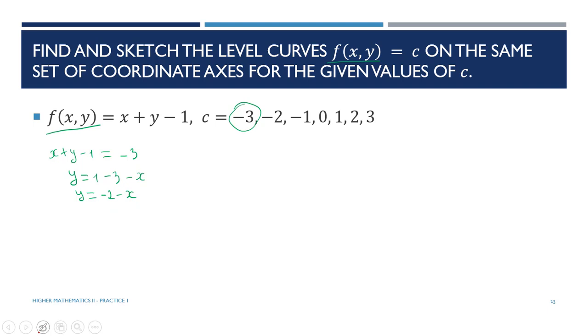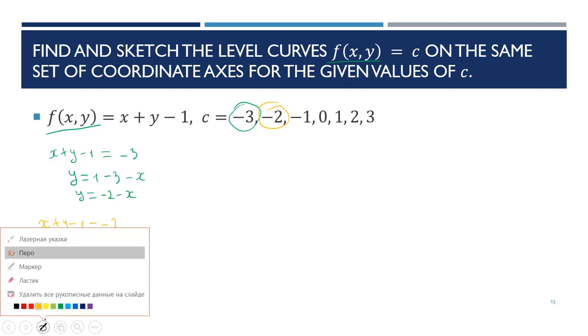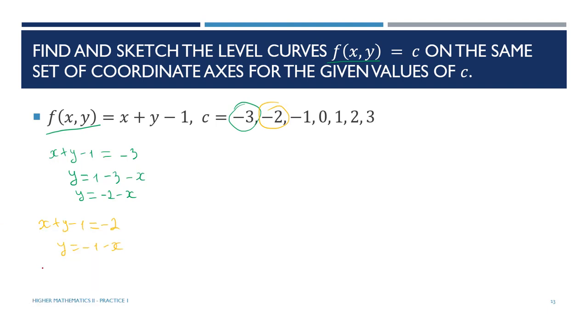Let me change the color. And next one, x plus y minus 1 equals -2. y equals -1 minus x. And in this way we'll find the others also. x plus y minus 1 equals -1. y equals 0 minus x. Okay.